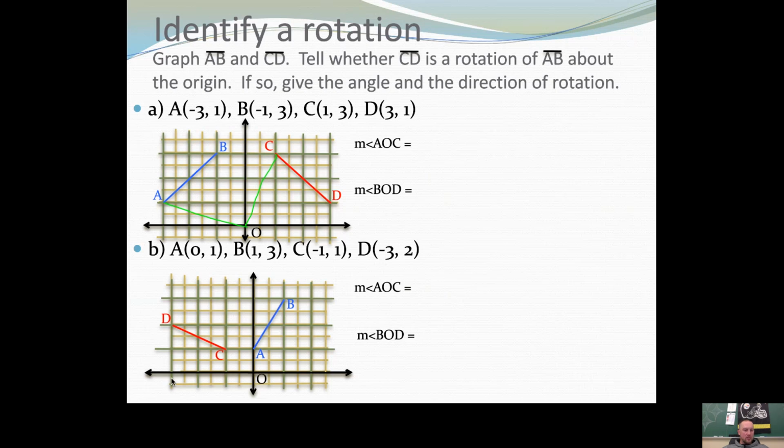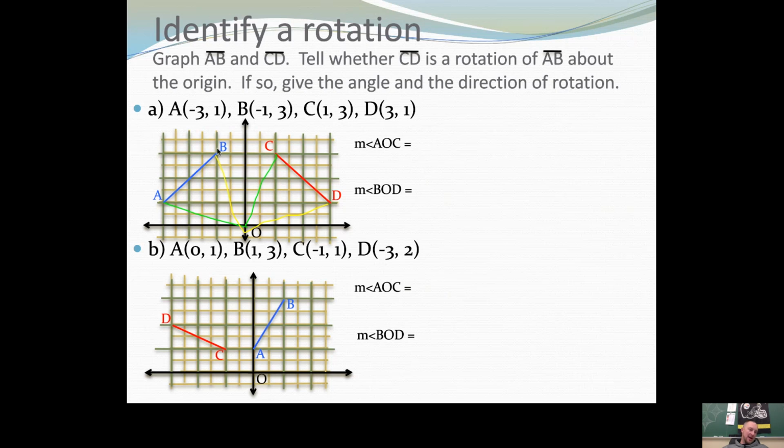Whatever that angle is, is it the same as this angle BOD? If the green angle and the yellow angle are the same, then these segments are rotations of each other. So that's why they ask you for the measures of those angles.